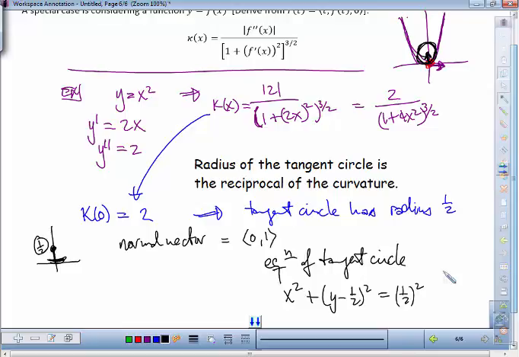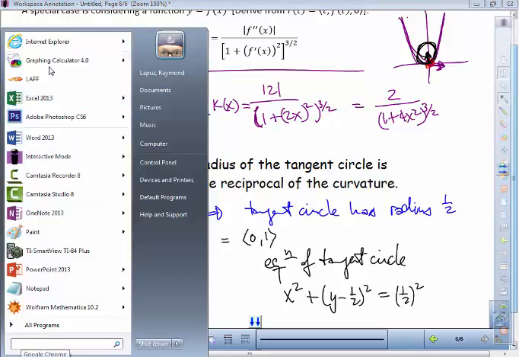So that's interesting. That means if I draw the parabola and I draw that circle, it should be tangent to that circle.